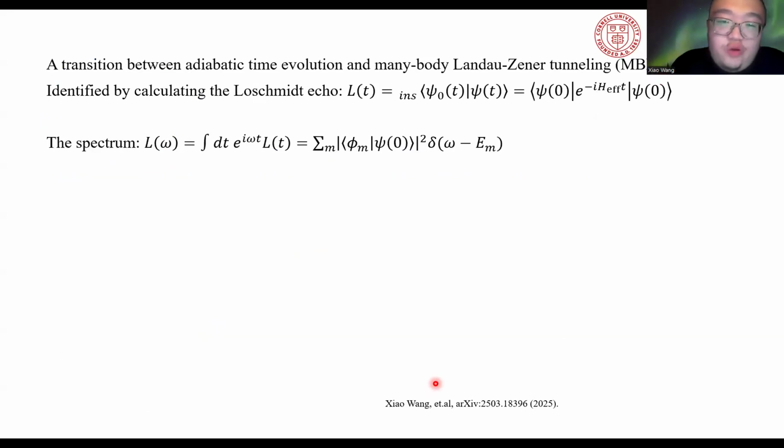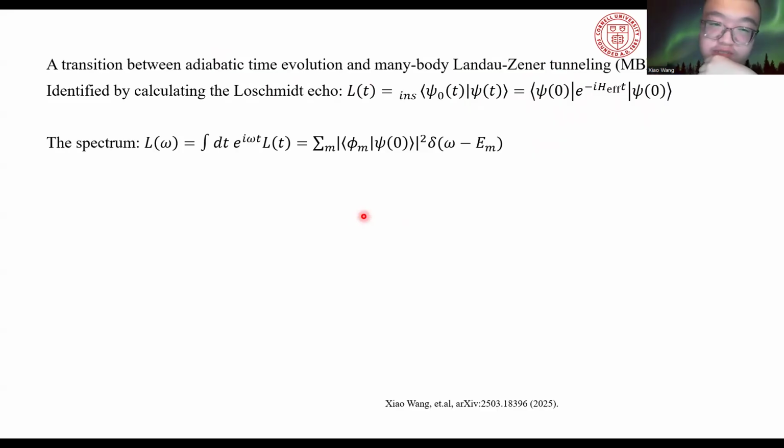So we can solve the Loschmidt echo of this time evolution process, where the Loschmidt echo is between the time-evolving wave function and the instantaneous ground state. You will find that the unitary transformation will be cancelled in this Loschmidt echo matrix element, and there will effectively be just an effective Hamiltonian quench to the initial state, and then we consider the overlap in this quench process.